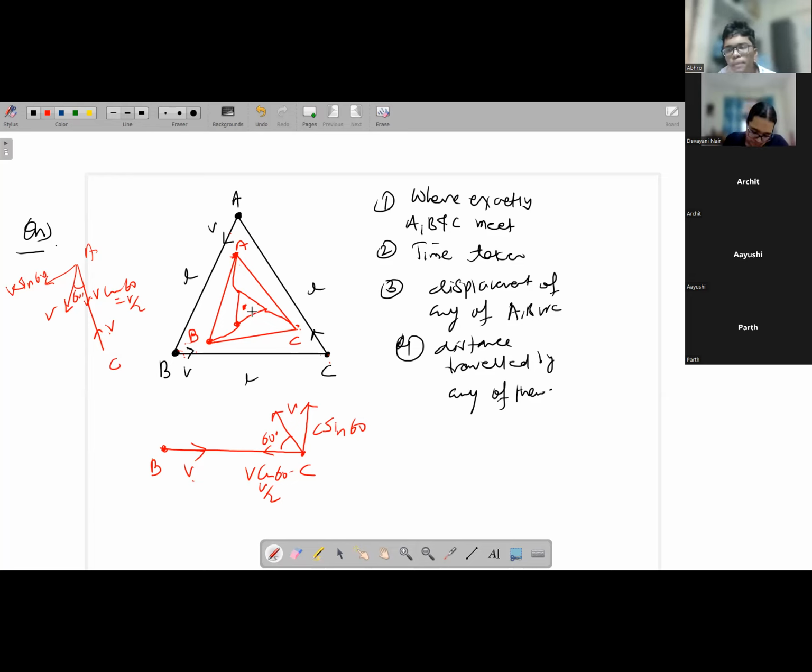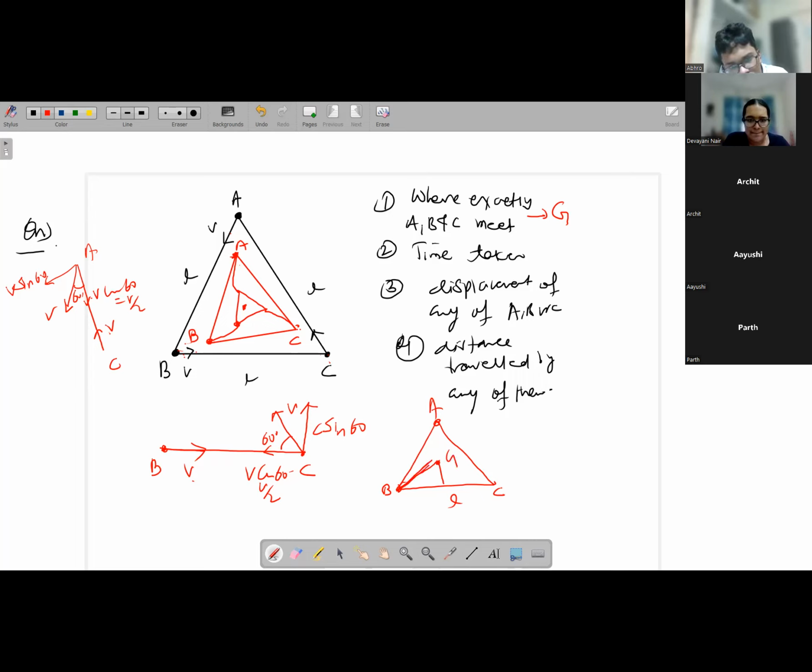Now, you can simply find, this is the centroid of A, B, C. This is L. So you can find the distance and all. Suppose they will meet at the centroid, that is G. And the displacement would be: initially the particle was here or here or here, and this is the equilateral triangle, and this is the centroid.